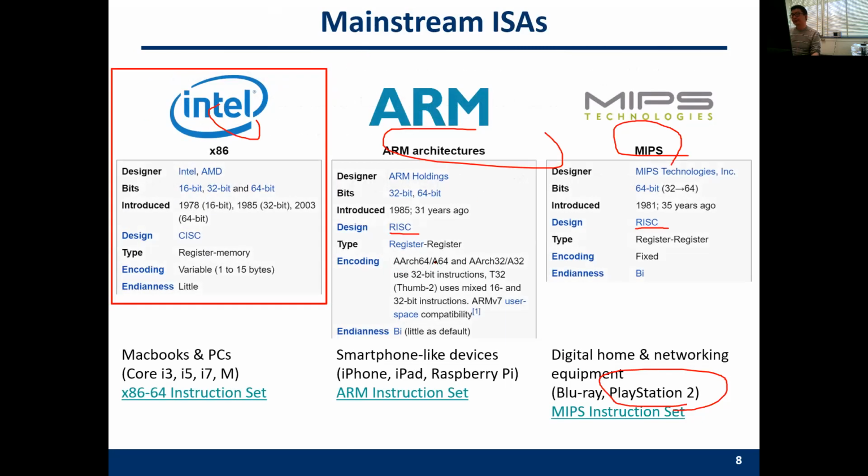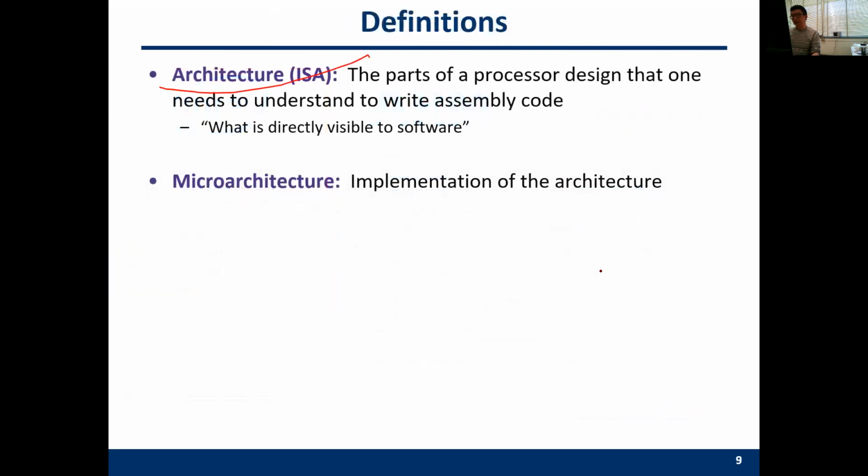Although these two both belong to RISC, their instruction sets are totally different. ARM uses some instruction set, while MIPS has its own. But these instruction sets can be grouped into CISC or RISC.